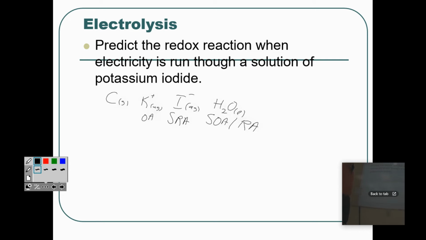So what is that reaction? It's water plus 2 electrons, and what does it give me? H2 plus 2OH-.